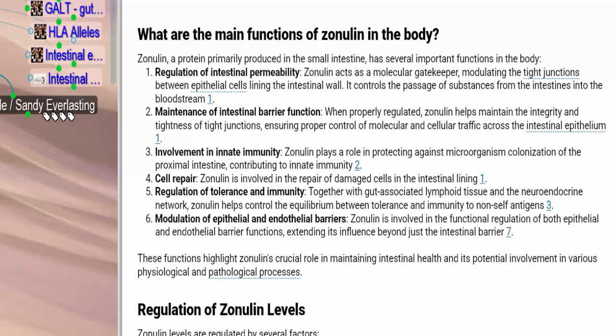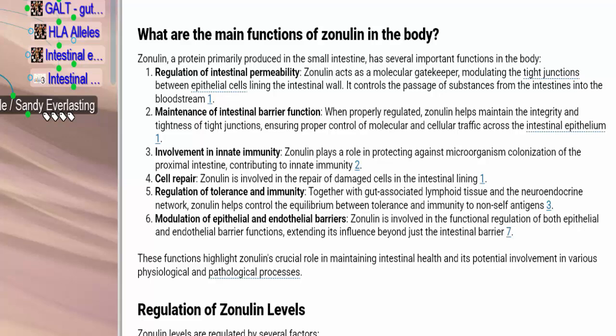It's involved in our innate immunity. It does play a role in protecting against microorganism colonization of the proximal intestine, contributing to innate immunity. It's involved in cell repair. It'll help to repair damaged cells in the intestinal lining.